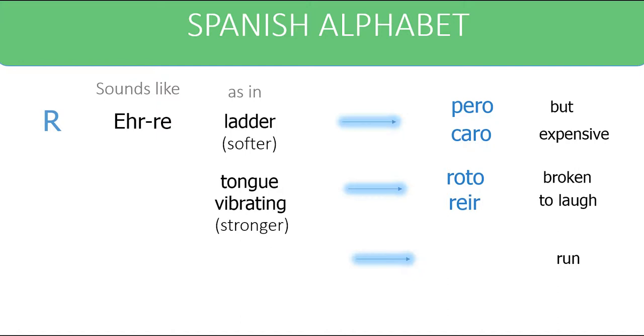So in Spanish, we also have the double R or doble R. Whenever you see doble R or double R, it will sound stronger. For example, correr, that means to run.